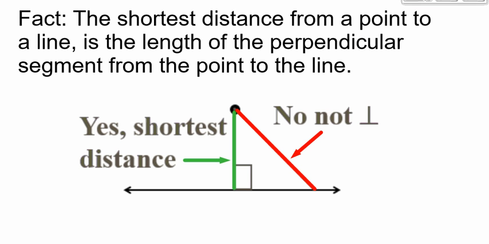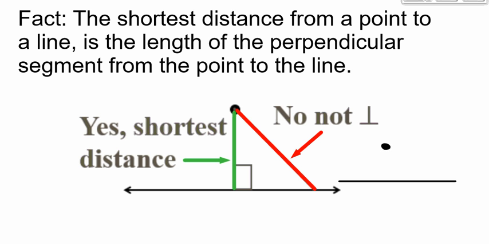All right, and just a little FYI, because we'll be using this little piece of information when we talk about angle bisectors. The shortest distance from a point to a line is the length of the perpendicular segment from the point to the line. So I could pick any old point and line. I'm just going to draw my own right there, and I'm going to add a little point right above it.